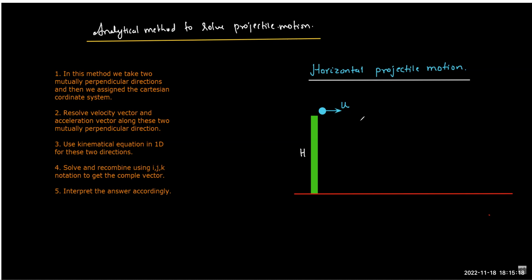Only horizontally, forever, isn't it? So you can realize that u has nothing to do with bringing the ball down. So who will bring the ball down? Gravity, only gravity.